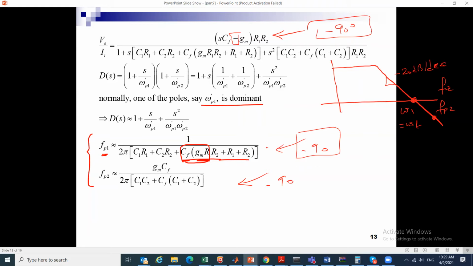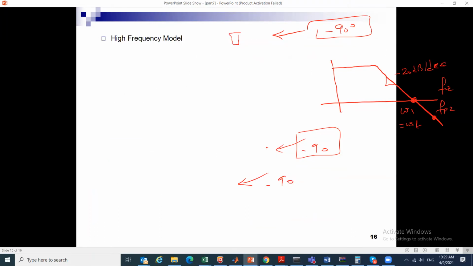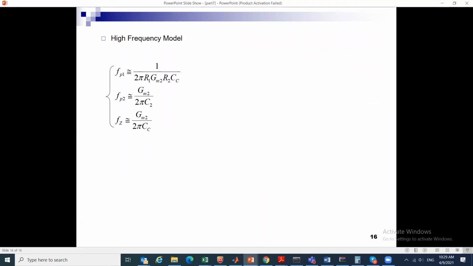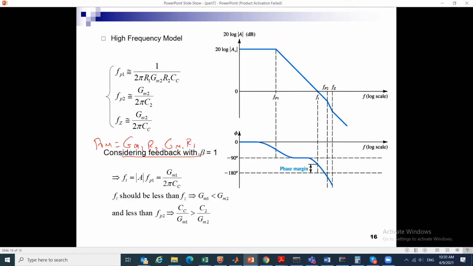So in order to achieve this, given fp1, fp2 and fz, and knowing what Am is, which was gm2r2 times gm1r1, if it is given, I will find that ft is equal to gm1 over 2 pi Cc, and now I can put a condition to compare ft to fp2 and fz and find the criteria.